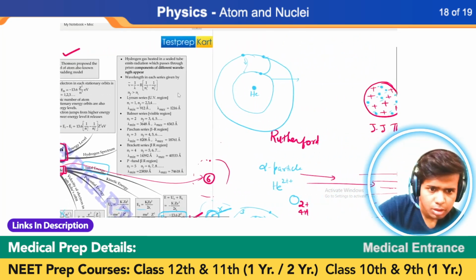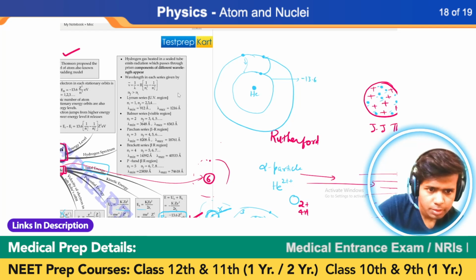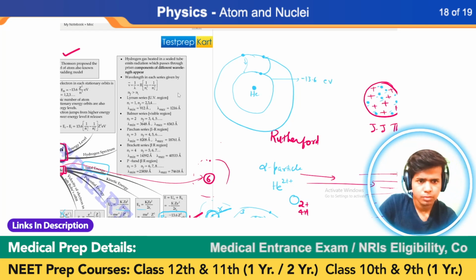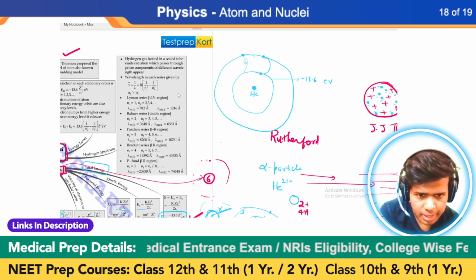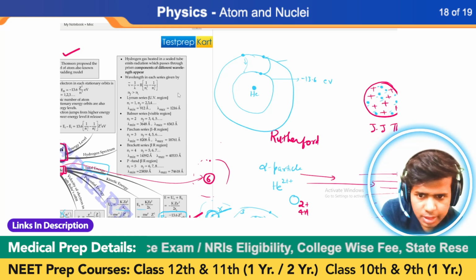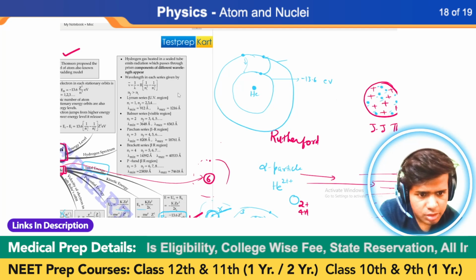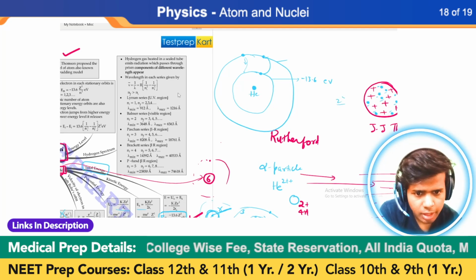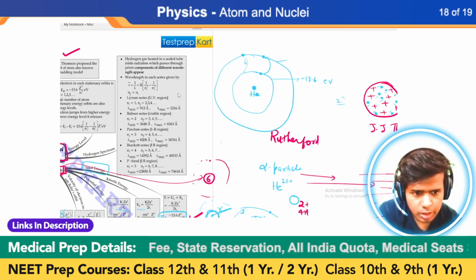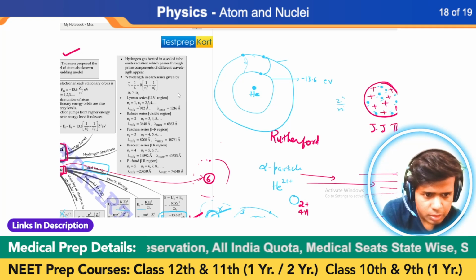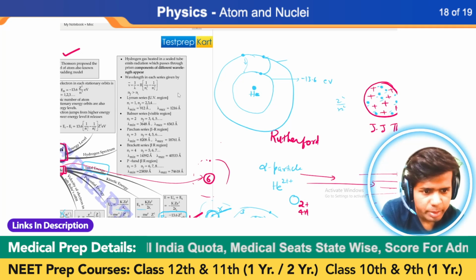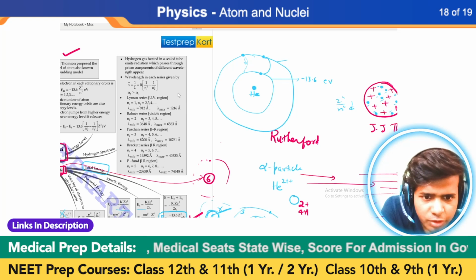So minus 13.6 electron volt. This is the energy on the first shell, and the energy on the second shell is Z square by n square. Z remains the same for the hydrogen atom, and n square is simply 2 squared, so 1 by 4. So that becomes 3.4 electron volt, minus.